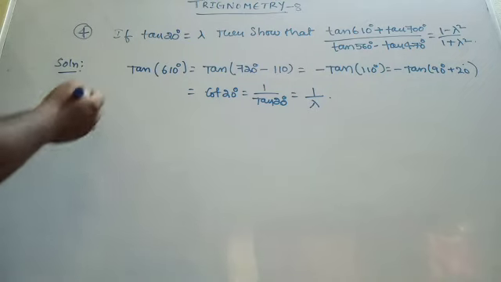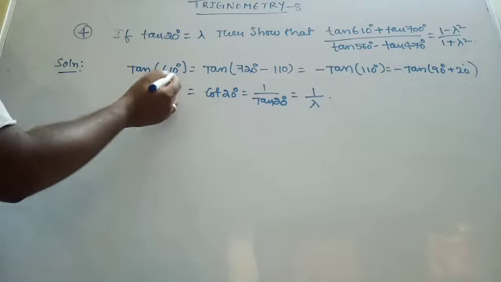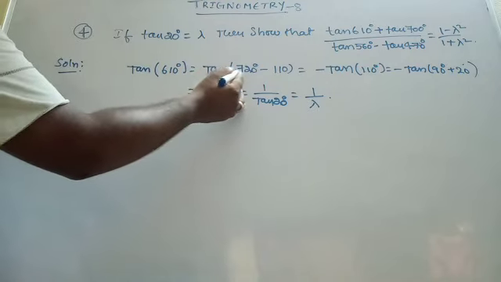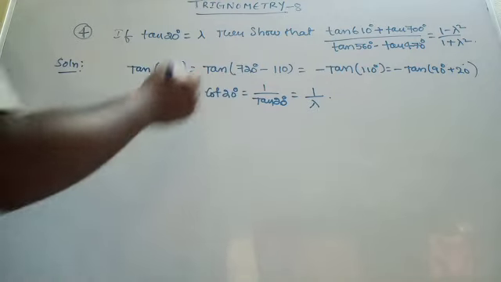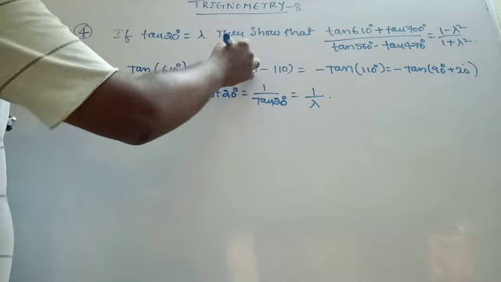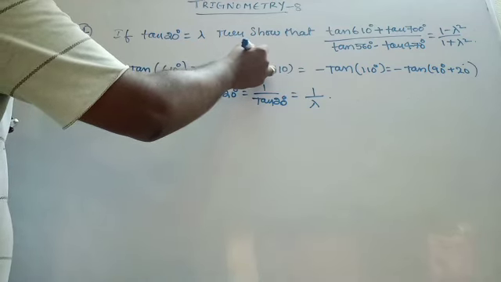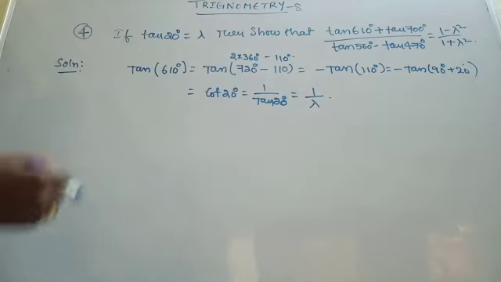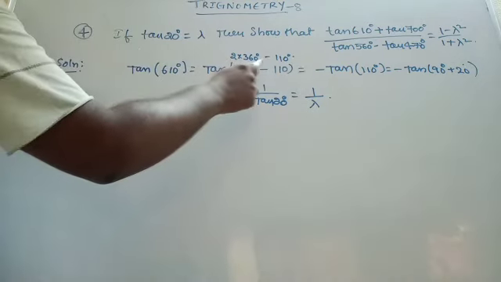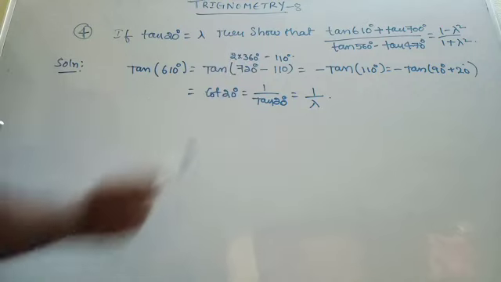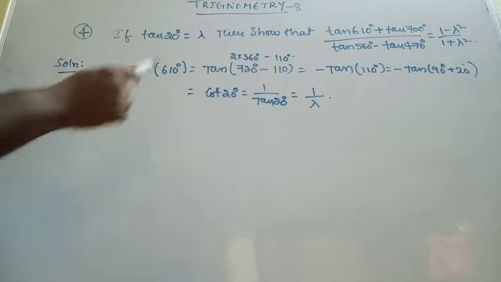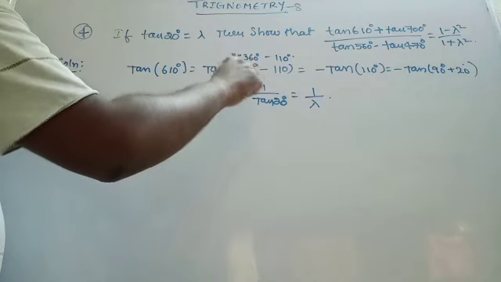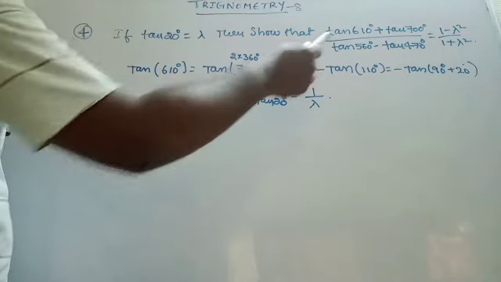For that, we take the first one, tan 610 degrees. We can write tan 610 degrees as tan of 720 minus 110. 720 you can write as 2 into 360 degrees minus 110 degrees. Now this is of the form n into 360 degrees minus theta, and by the formula, in the fourth quadrant, you can write it as minus tan 110 degrees.